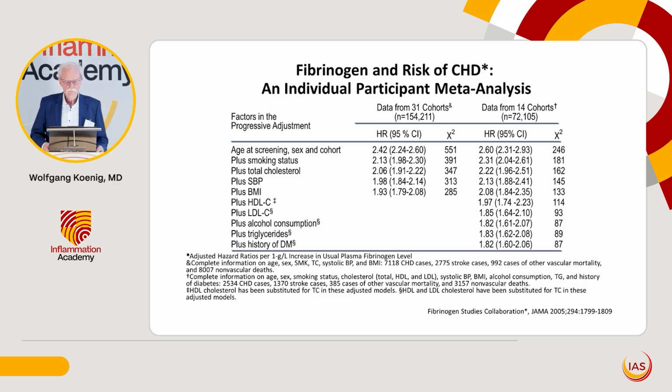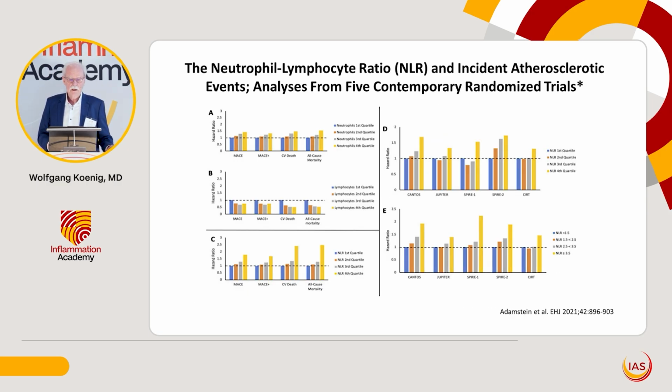This is an overview that you see here, and by and large, a 1 gram per liter increase in plasma fibrinogen was associated with a twofold increase in risk. And obviously, fibrinogen has not only hemostatic properties, but also is part of the acute phase reaction, and therefore it's an inflammatory marker.